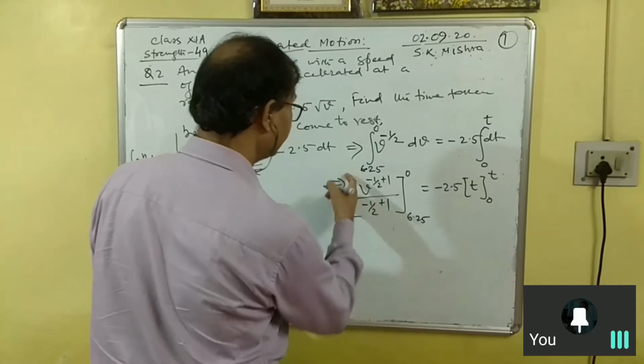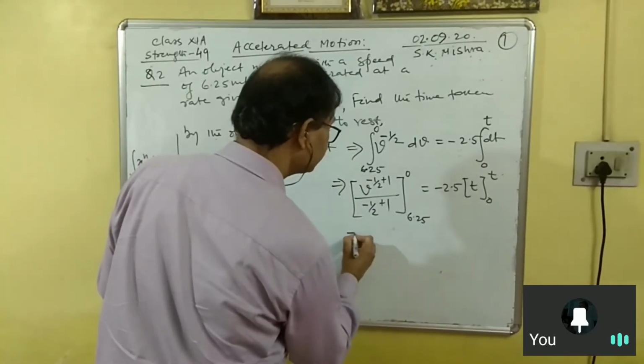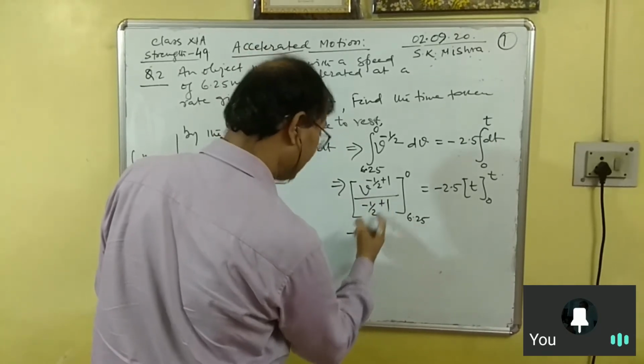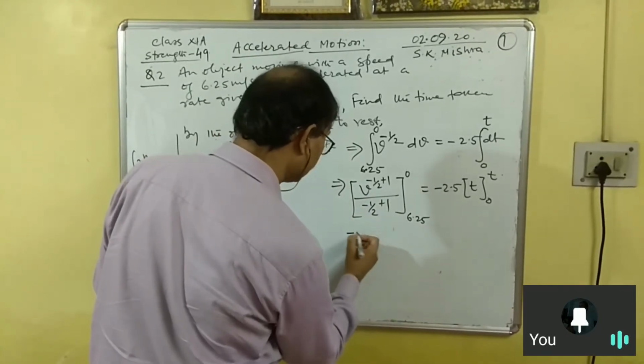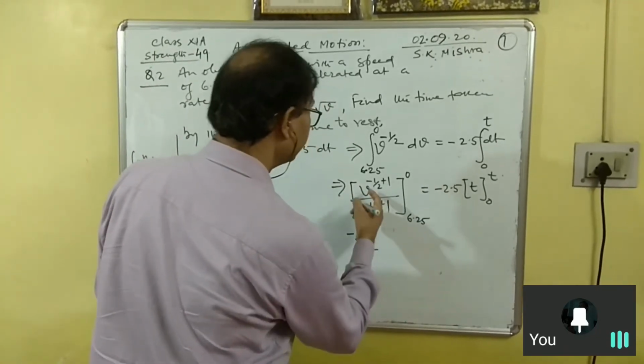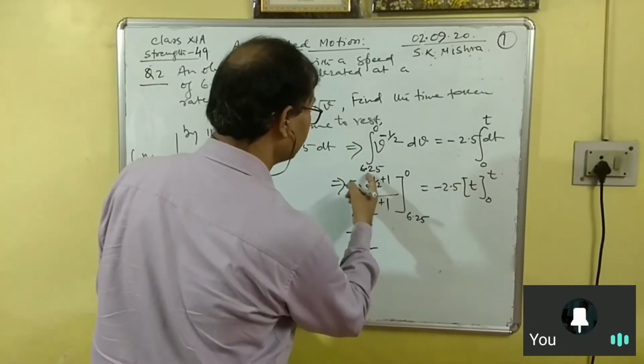So 1 by 2, so 2 is taken in the numerator. And then this part is v raised to, again 2 minus 1, 1 by 2.